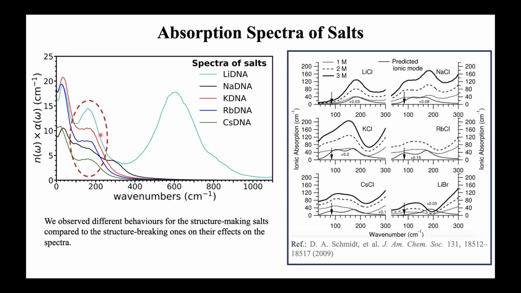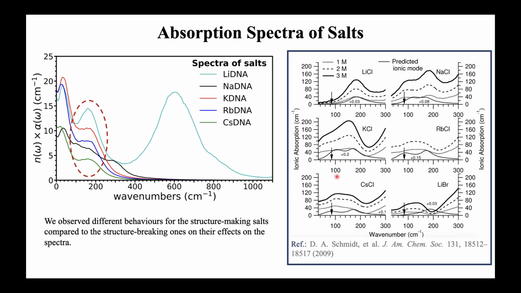Also, we analyzed the band at about 180 inverse centimeters, which is observed in all calculated spectra, and the analysis showed that this band corresponds to vibrations of the chloride ions, which is also consistent with the experimental results.